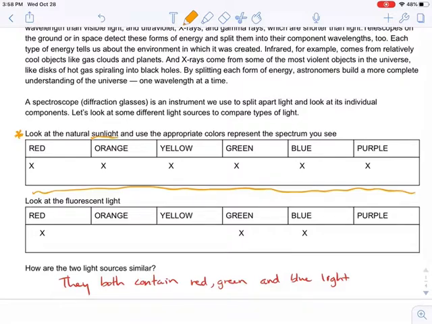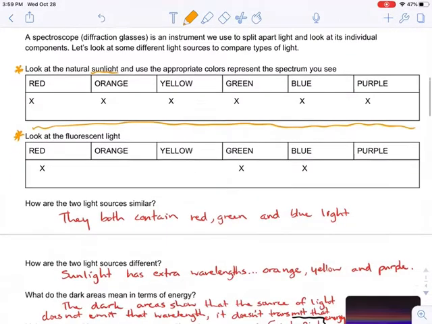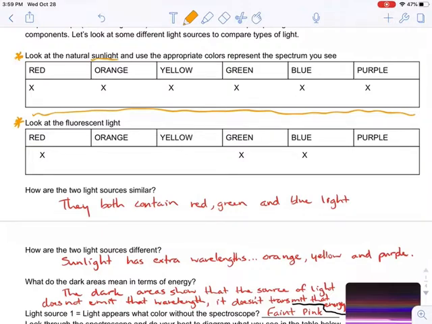Now, artificial light that's generated not from heat but from actual illumination elements does not emit all the colors. We used the example of fluorescent light in class, and we saw that mainly this is releasing red, green, and blue. Now these two light sources are similar in that they include red, green, and blue, but they are different in that sunlight contains extra wavelengths.